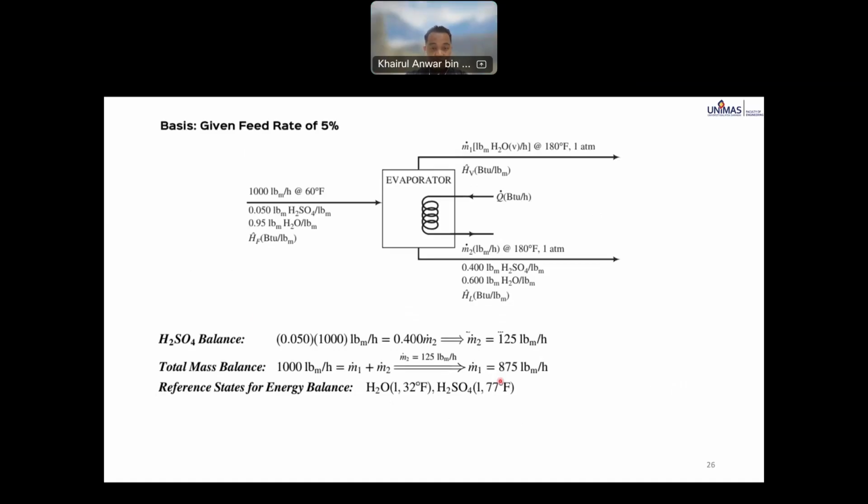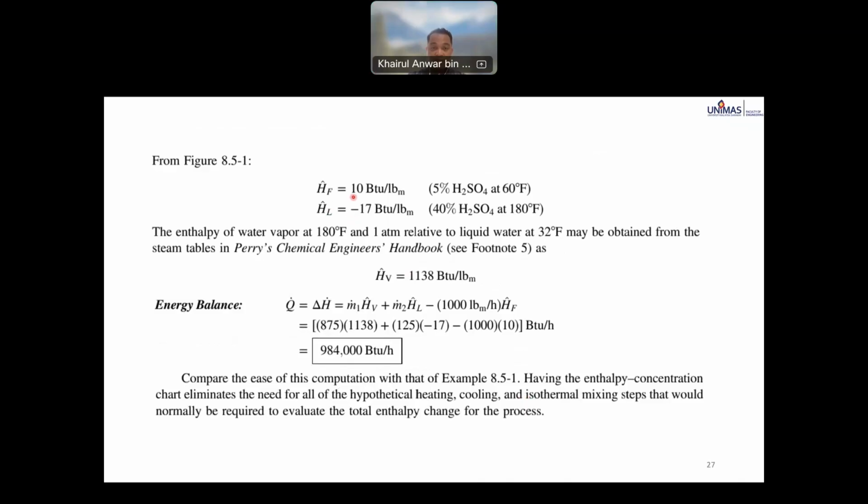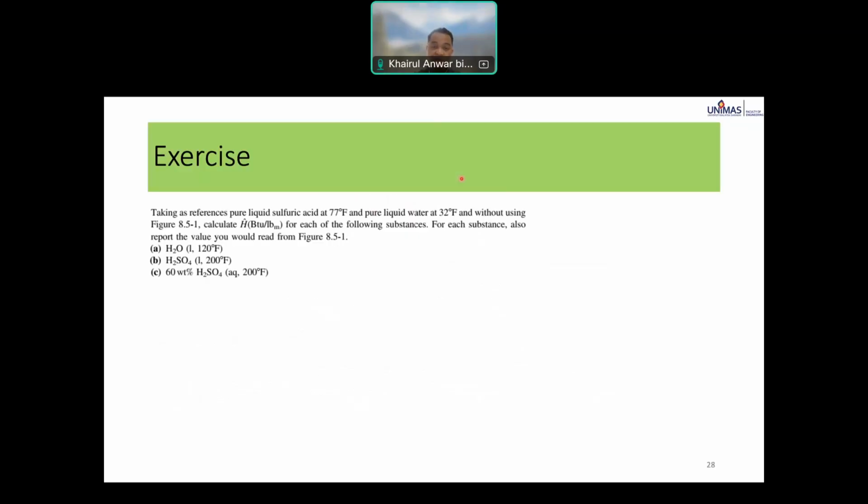The reference state for the energy balance is H2O liquid at 32 degrees Fahrenheit. What does it mean? This reference state is the one to use if you want to use Figure 8.5-1, the enthalpy concentration chart for H2SO4 and H2O. So HF equals 10 BTU per pound mass. This is for 5% H2SO4, read from Figure 8.5-1.